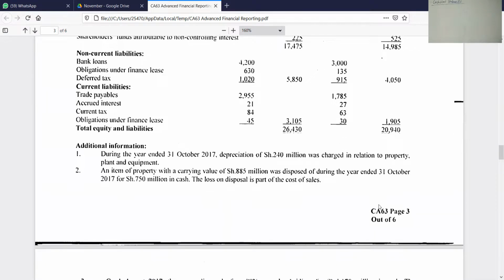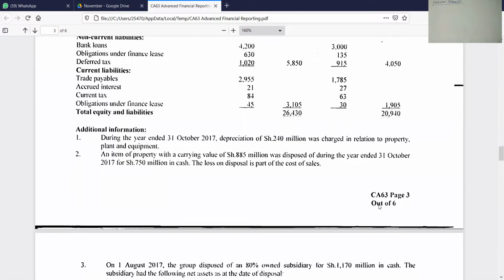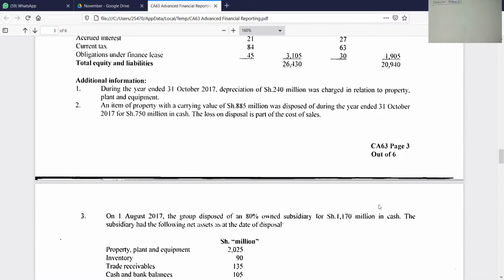Then additional information. During the year ended 31st October 2017, depreciation of 240 million was charged in relation to property, plant and equipment. An item of property with a carrying value of 885 was disposed of during the year for shillings 750 million in cash.